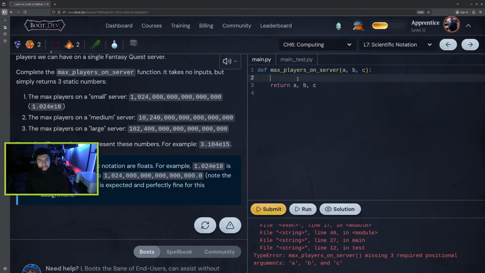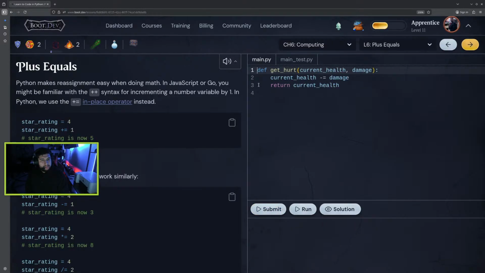Okay. How did I do on the other ones? I put name something and then I put return something here.